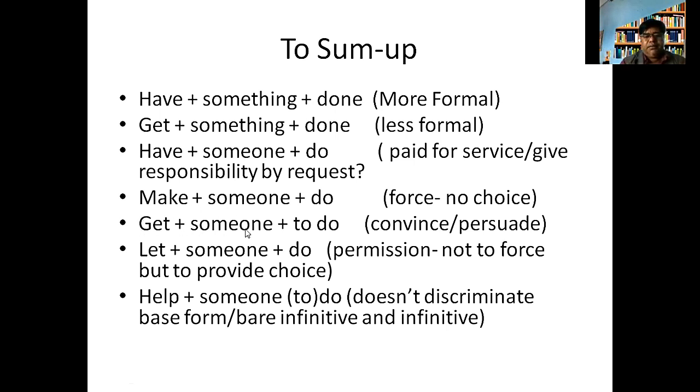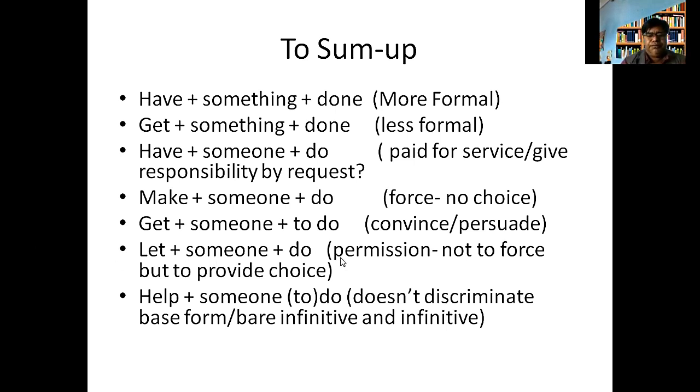And the causative verb get takes the infinitive, to plus the first form of the verb, when we are convincing or persuading someone to do something. We use get when someone did the work after being convinced or persuaded.